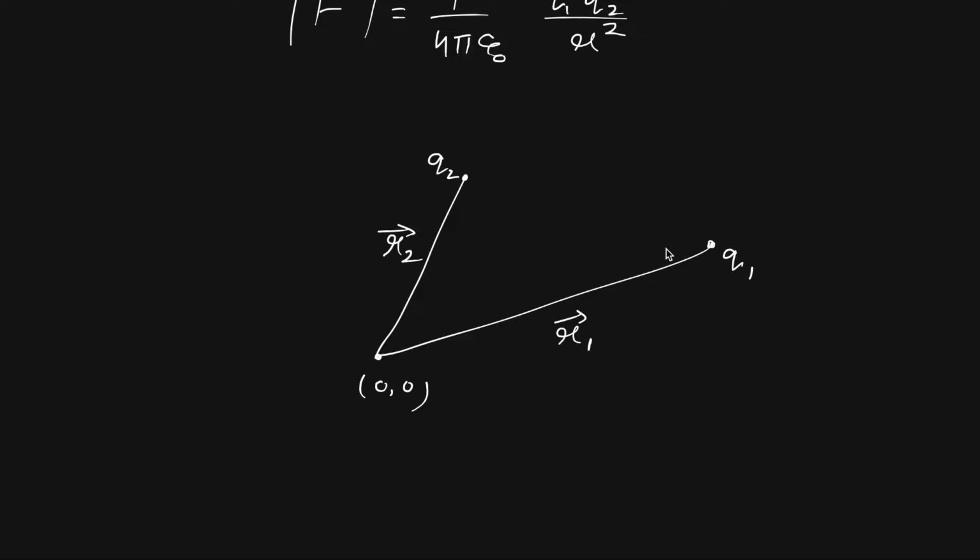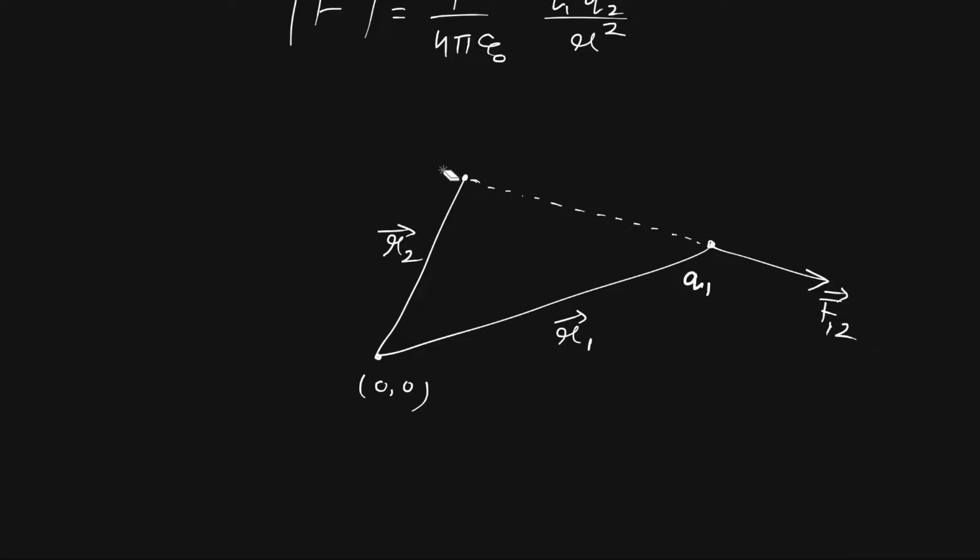Then the force q2 applies on q1 is in the direction of the line joining them. I represent the force applied on the q1 charge due to q2 by f12.